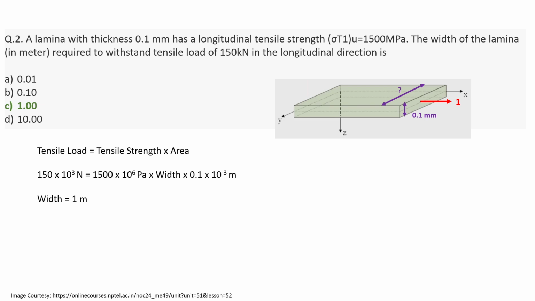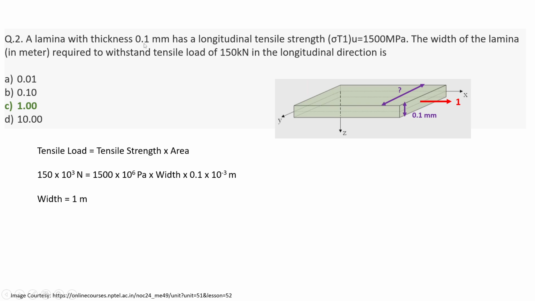So to find the tensile load, the equation is tensile load equal to tensile strength into the area. The load is given to us, that is 150 kilonewton, so we will write in terms of the unit Newton. The tensile strength is 1500 megapascal; we will write it in terms of Pascal, that is 10 to the power 6, into the area.